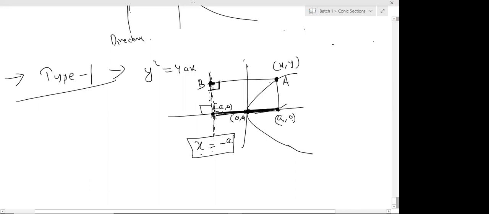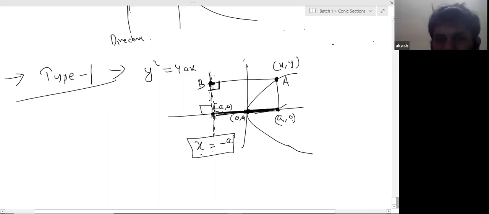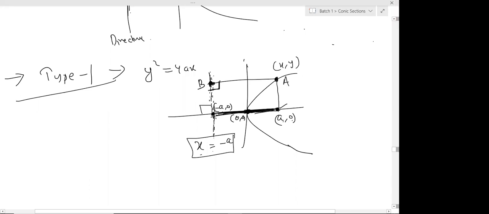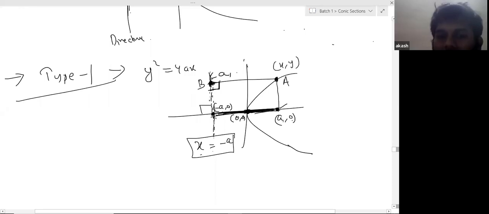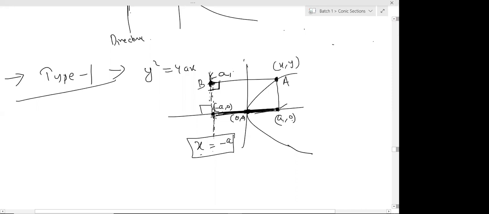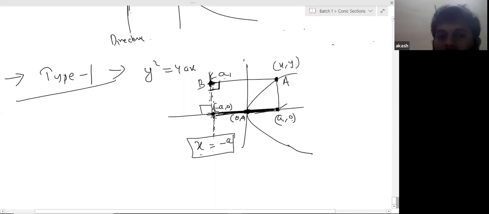Minus a and 0? Why is it 0? See, this is above the x-axis, right? So the y coordinate cannot be 0.